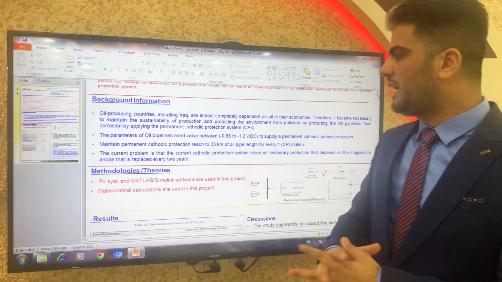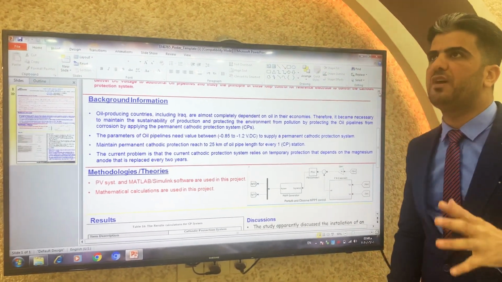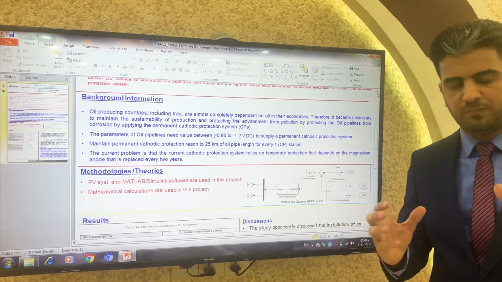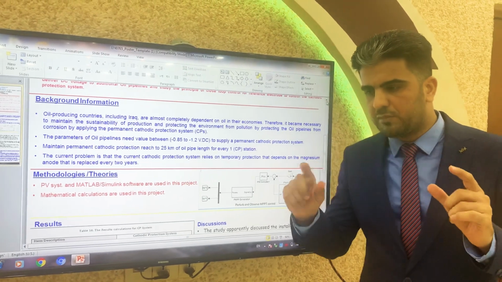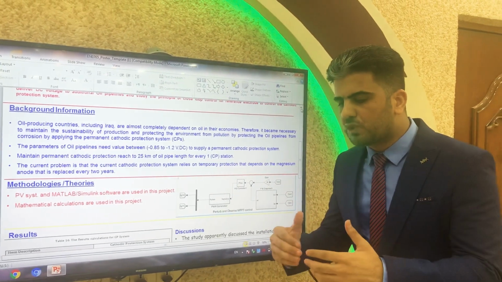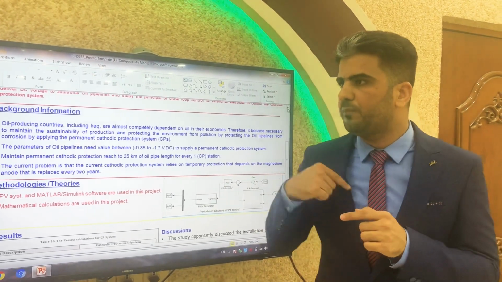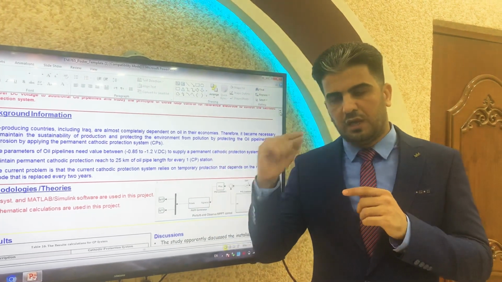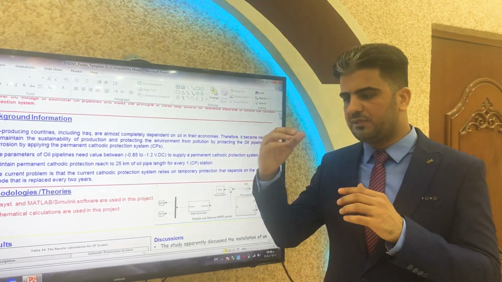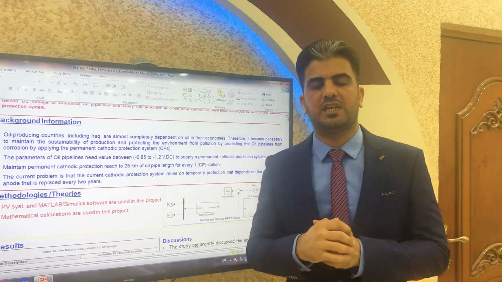To maintain permanent cathodic protection, one transformer reaches 25 kilometers. Every 25 kilometers I will install a new transformer.